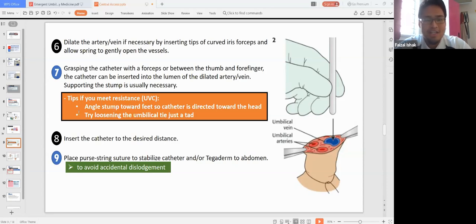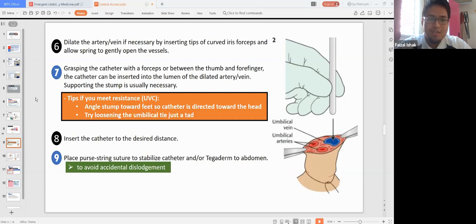For the UVC, we need to tip the stump toward the feet, so that when we insert, the catheter will be inserted posteriorly and superiorly in the direction of the head or right atrium.